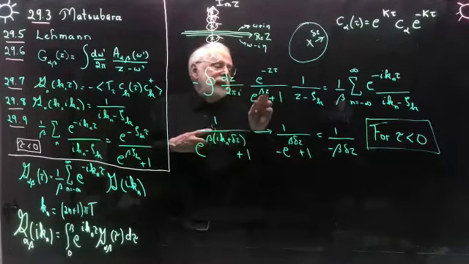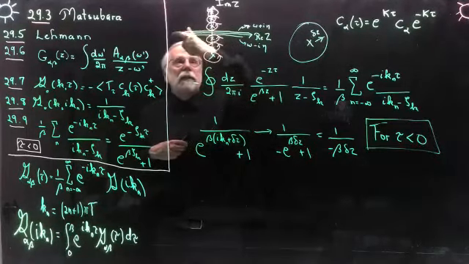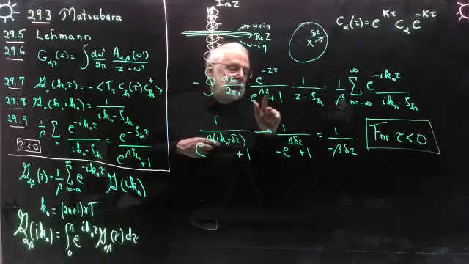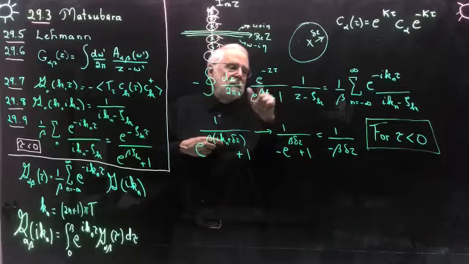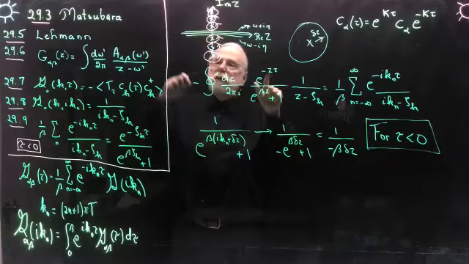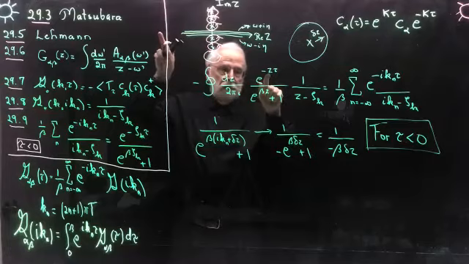Now what happens if z is negative in this direction? If z is negative, this disappears, right? But this here will make this term converge when z is negative in this direction.